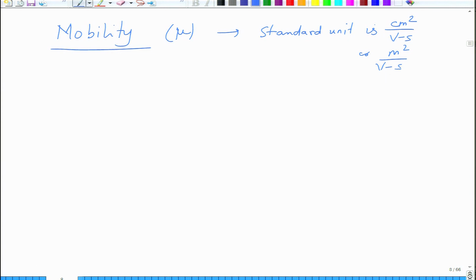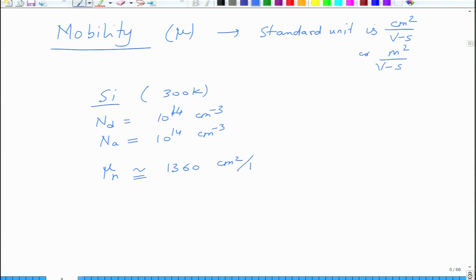The typical values, let us say for silicon at 300 K: if you have Nd equal to 10 to the power 14 per centimeter cube, Na as 10 to the power 14 per centimeter cube, then mu n is approximately equal to 1360 centimeter square per volt second, and mu p is approximately 460 centimeter square per volt second.